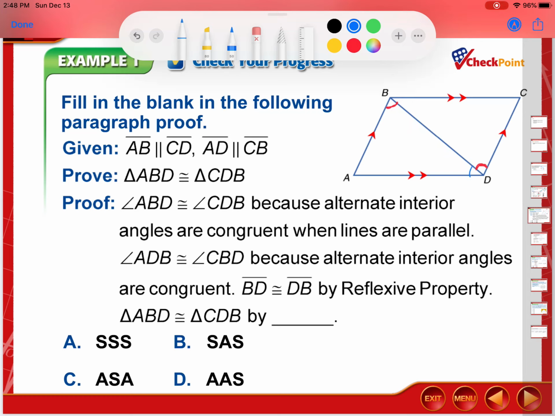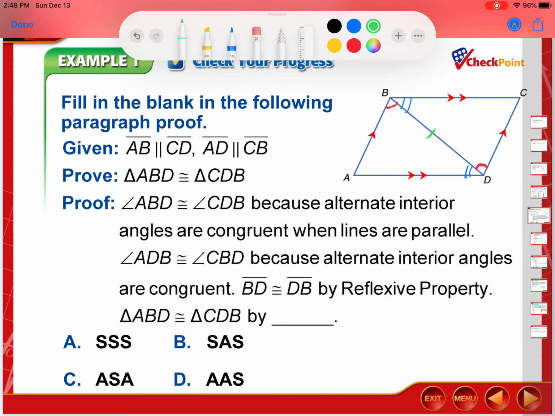And then they also tell us angle ADB, so I'm going to grab my blue, ADB, is congruent to CBD because of alternate interior angles as well. Awesome. And then they tell us that BD is the same as DB by reflexive property. So I'm going to label that.